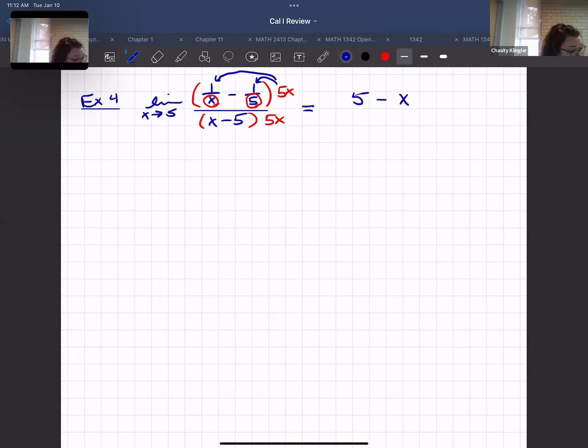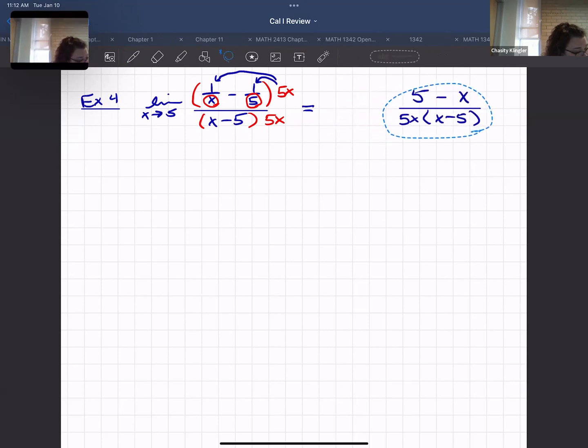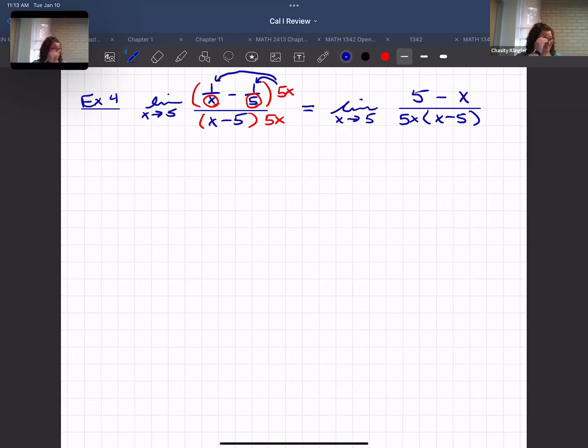X. And then we just have 5x times the denominator. Now it's something we can handle. I guess, though, I did the big mistake. What'd I forget? My limit notation. You'll better call me on that.